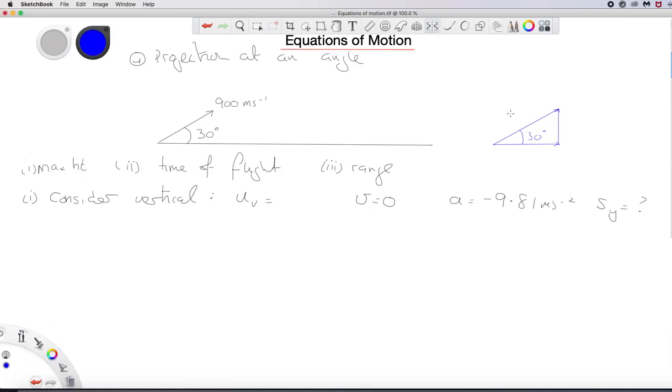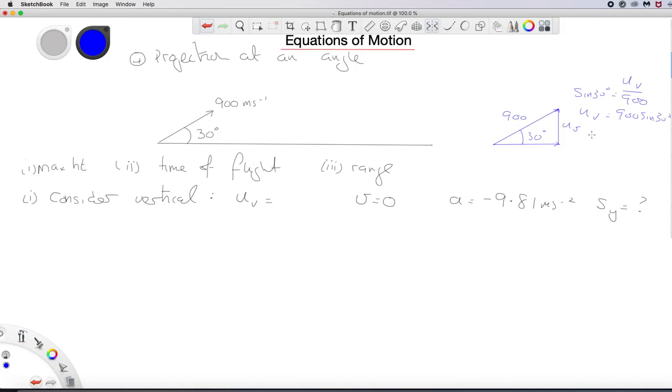So, what is our initial vertical velocity? Well, here we have 900 meters per second. This would be the vertical component of the 900. This would be the horizontal. You can see that vertically, you would say the sine of 30 would be uv over 900, and so uv is 900 sine 30.